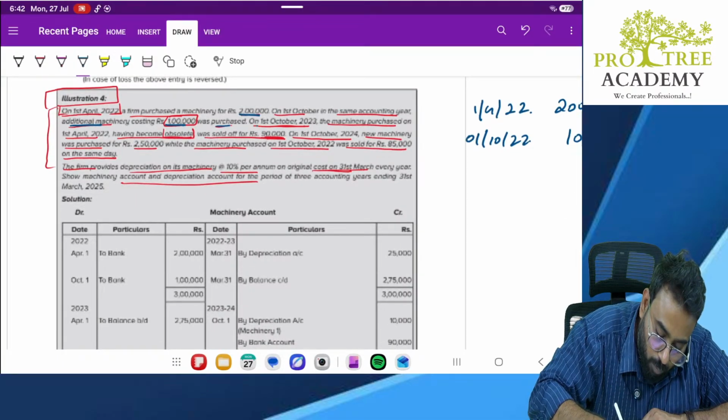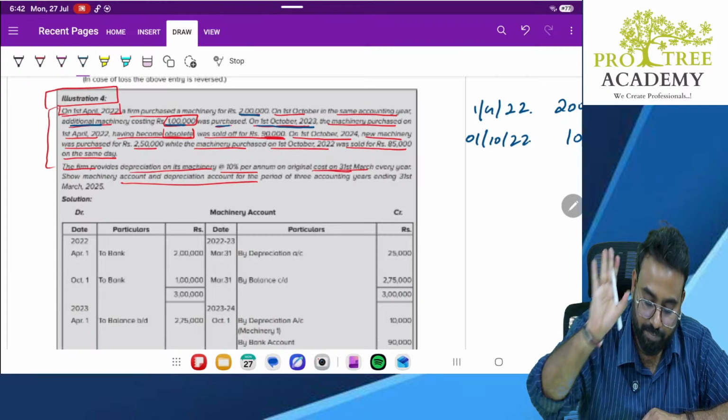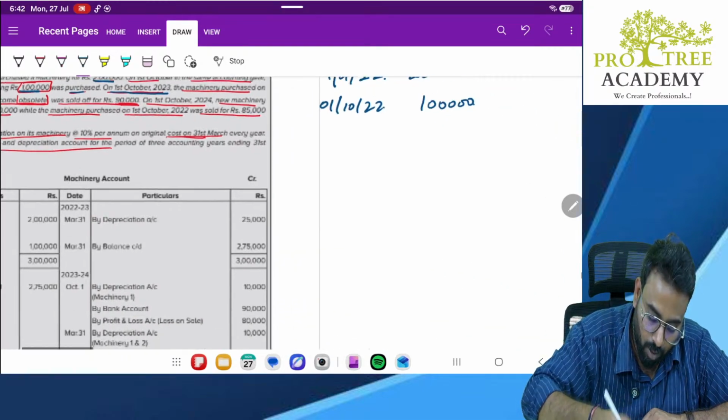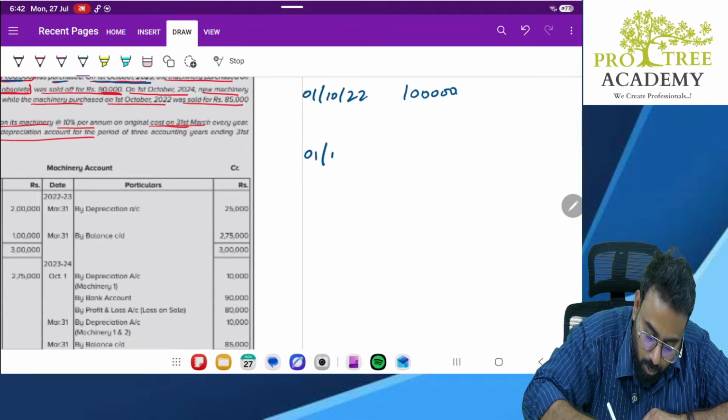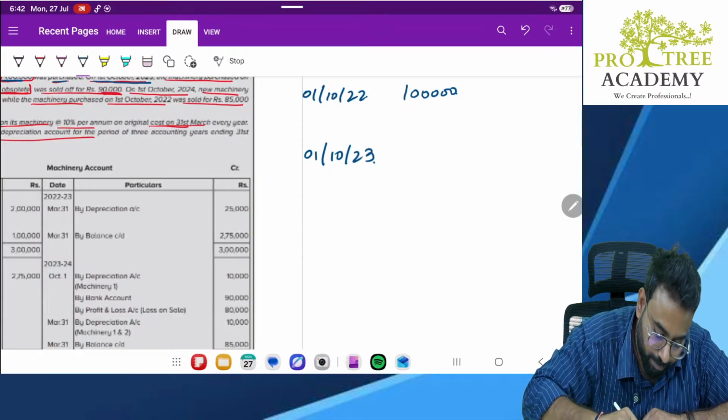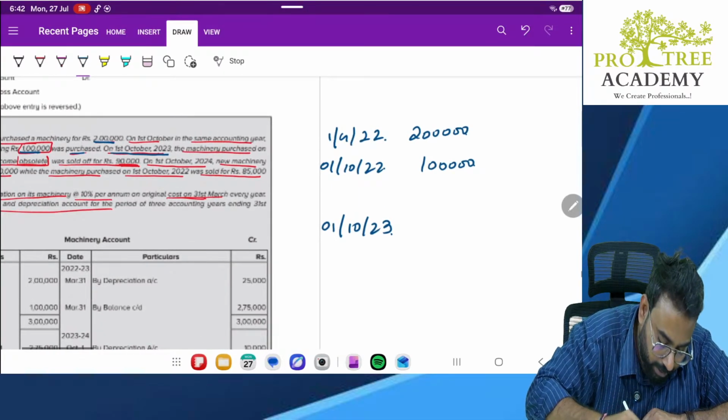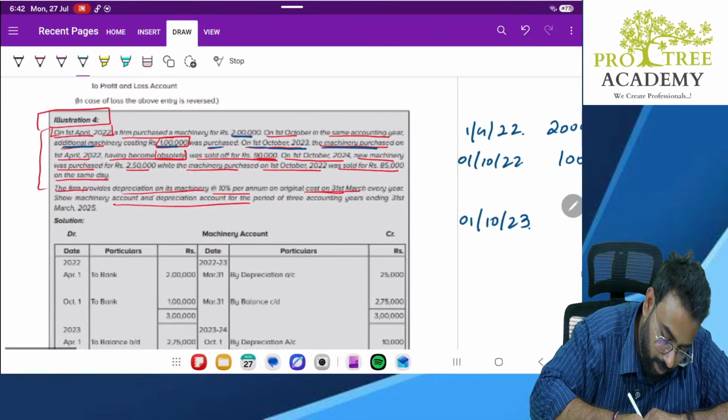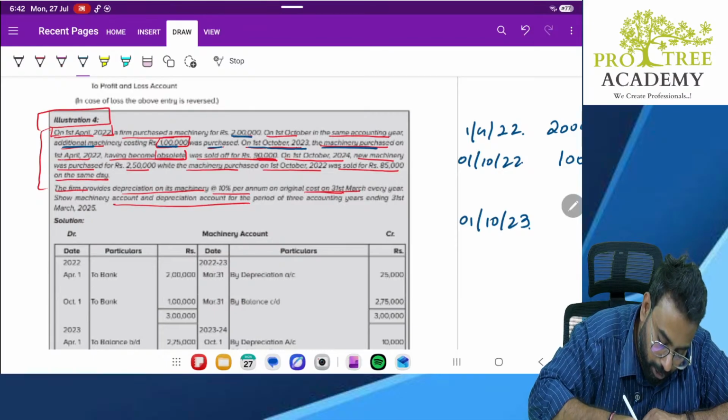On 1st October 2023, the machinery purchased on 1st April 2022 having become obsolete was sold for 90,000 rupees.